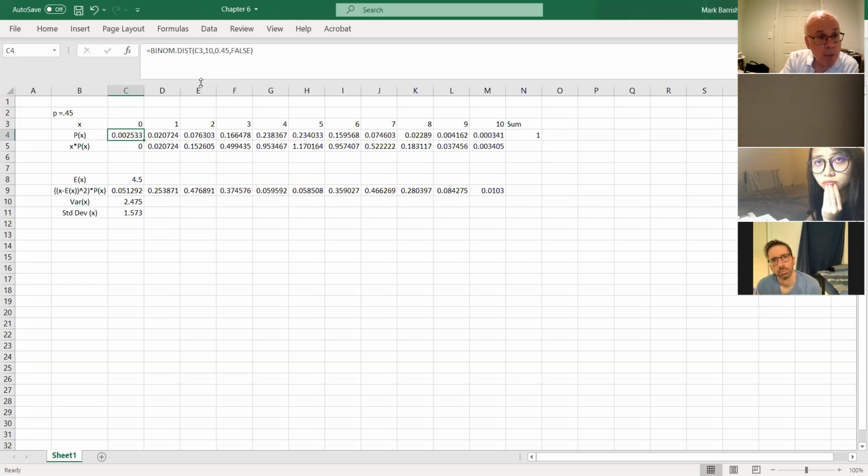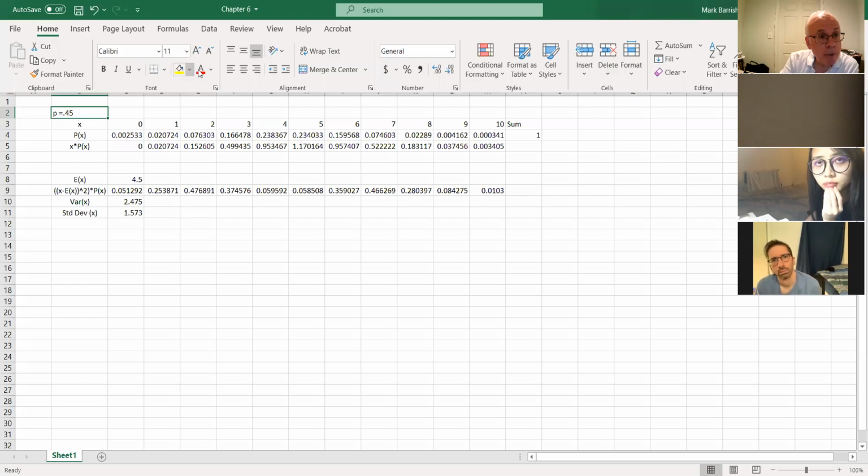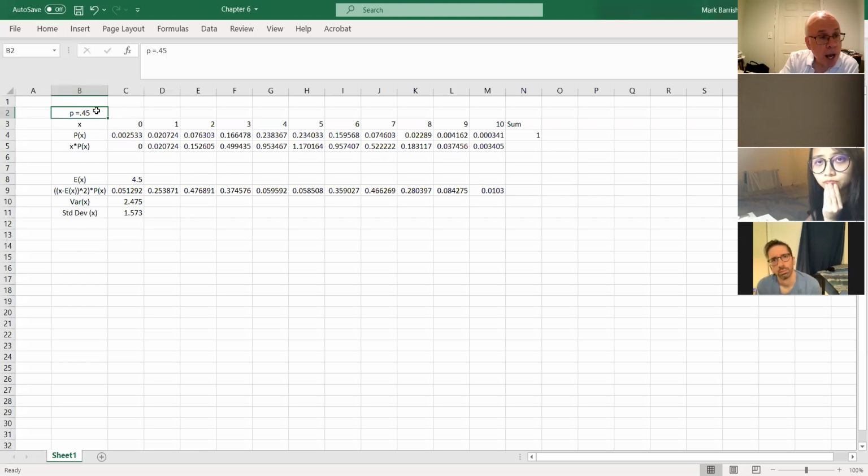What I'm going to do is refer to this 0.45 instead of just typing it in, which I did originally. Let me just center this. Now, N, of course, is what? The last number here. So I could refer to this also.